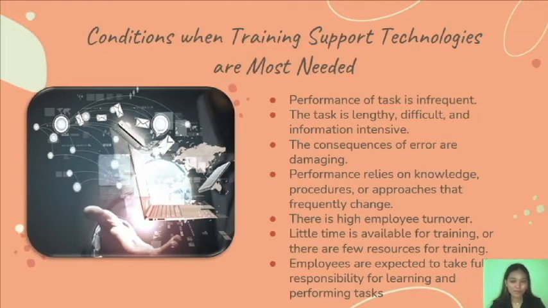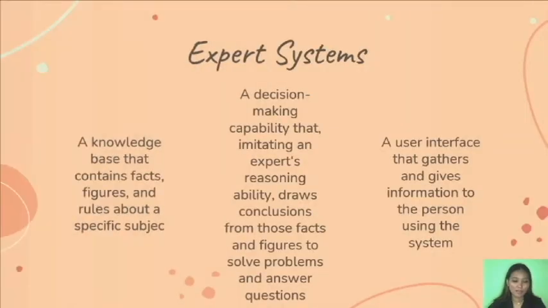The first one of the technologies for training support is the expert systems. In simpler terms, expert systems refer to technology that organizes and applies the knowledge of human experts to specific problems. Expert systems have three main elements. The first one is a knowledge base that contains facts, figures, and rules about a specific subject.